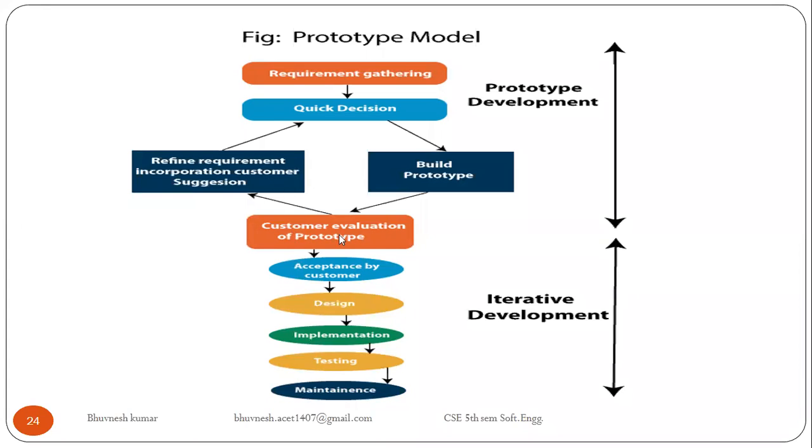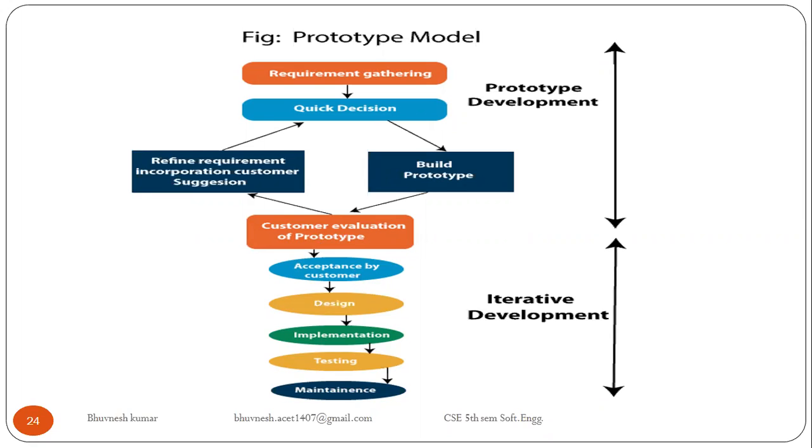While evaluating that dummy, toy or prototype, he will give his suggestions. If there is any change he wants, then again make a decision, make the prototype again, and go for evaluation again. If it is successful and accepted by the customer, then go for the next phase, that is acceptance by the customer.